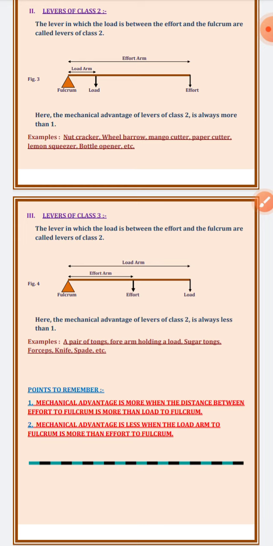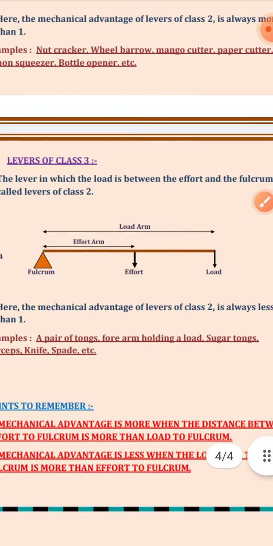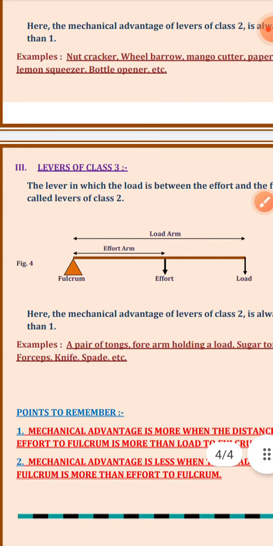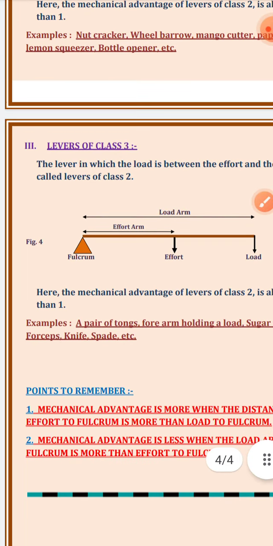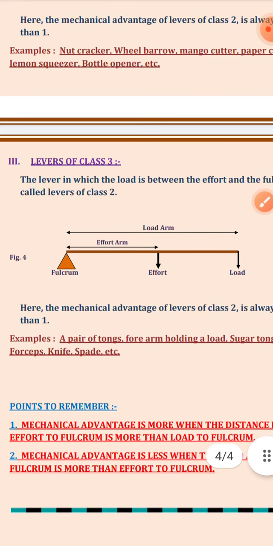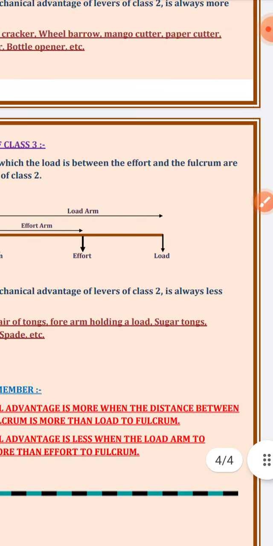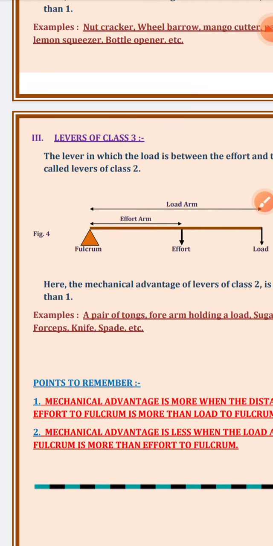Now over here the load and the fulcrum will be at the two ends and the effort will be in the middle. Now the mechanical advantage will always be less than 1. So I have already written over here that the mechanical advantage of levers of class 3 is always less than 1. So it is our loss over here.